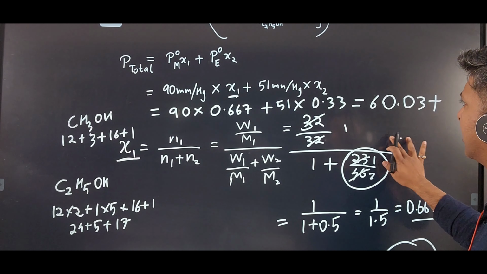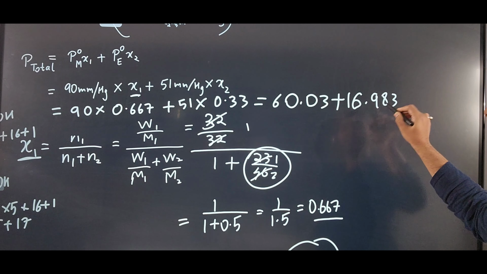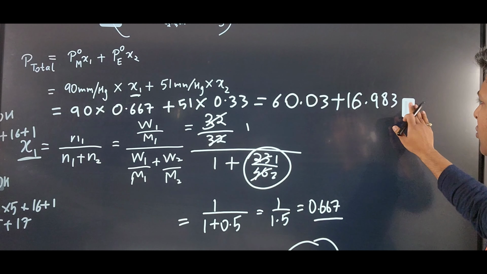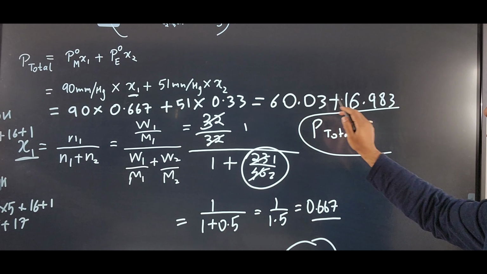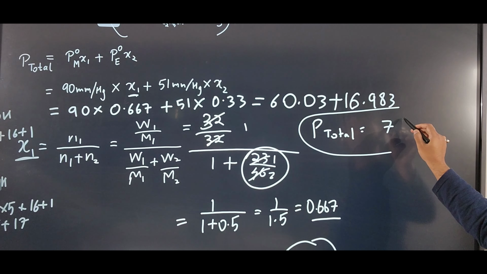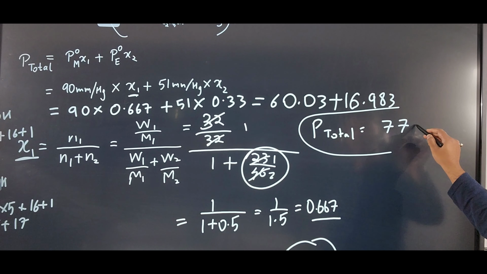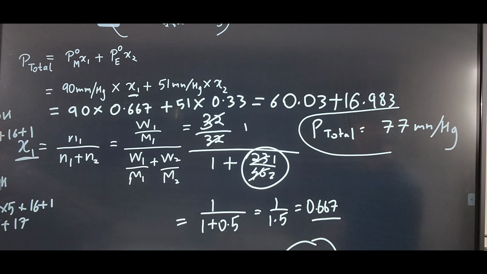So the total, this is your P total, is 60.03 plus 16.983, which is 77 mm Hg almost, I'm just rounding it off. This is your total vapor pressure of the solution.